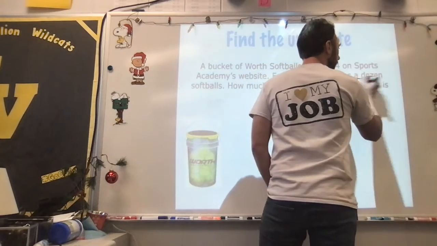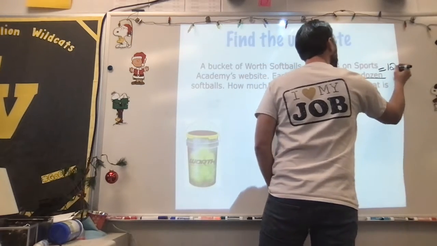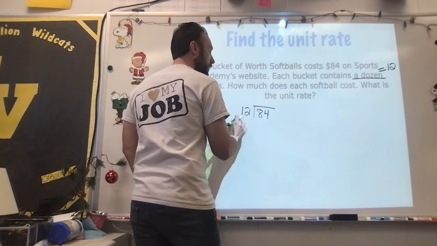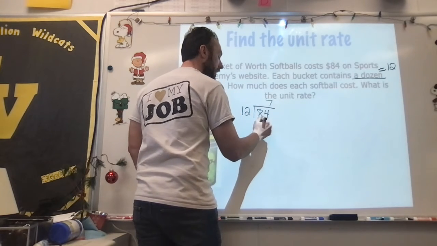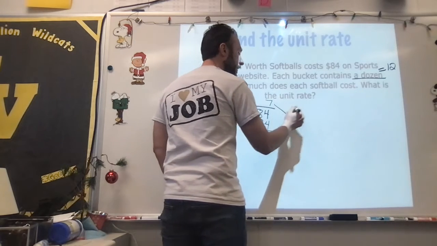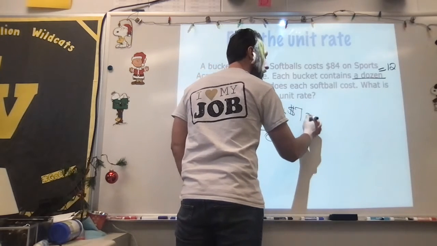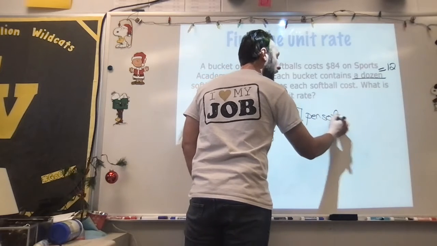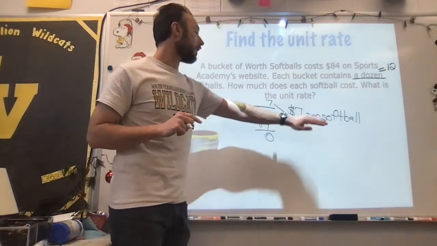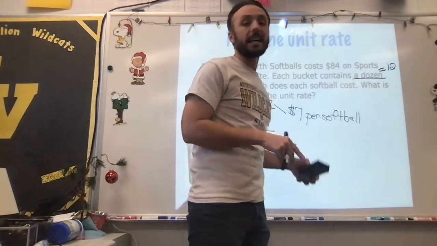The quantity is a dozen, which is the same as 12. So we'll take 84, divide it by 12. 12 goes into 84 7 times. That's 84. I subtract, I get 0. So my answer is $7 per softball. That is the unit rate. The unit rate is simply how much does one cost. This is $7 per softball.